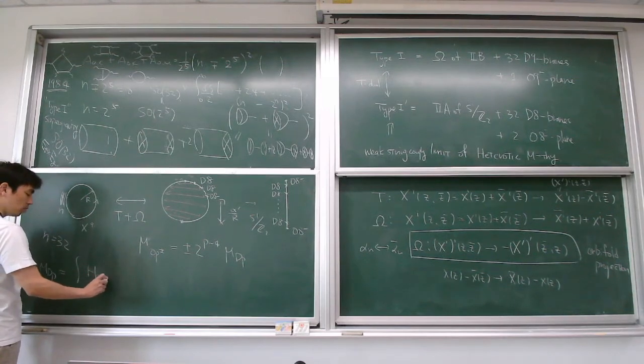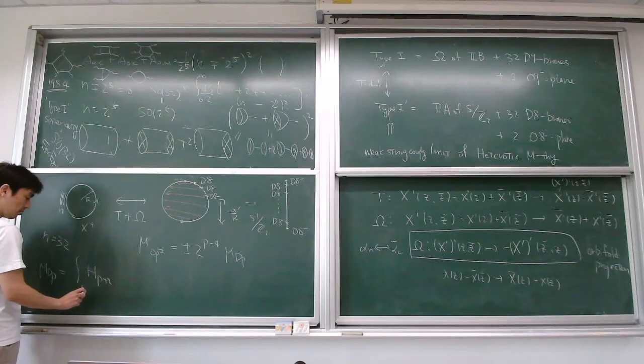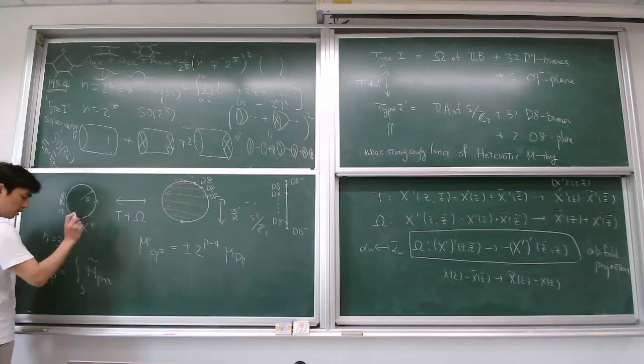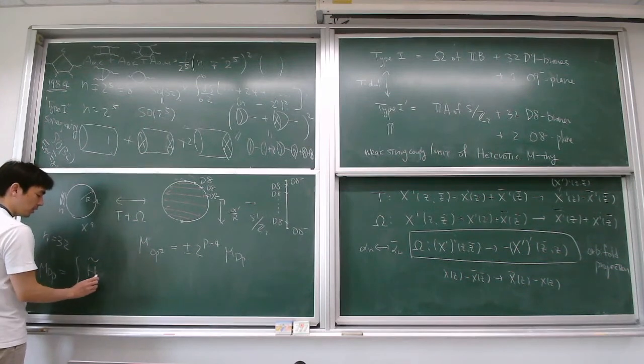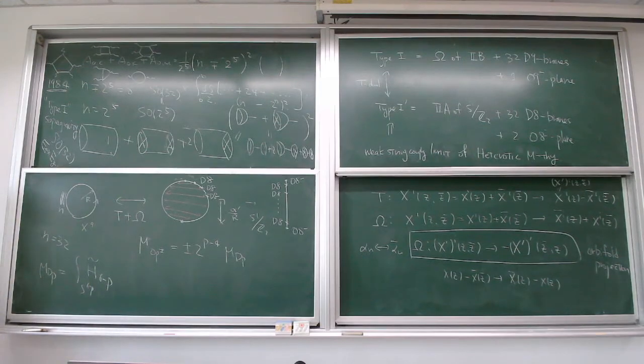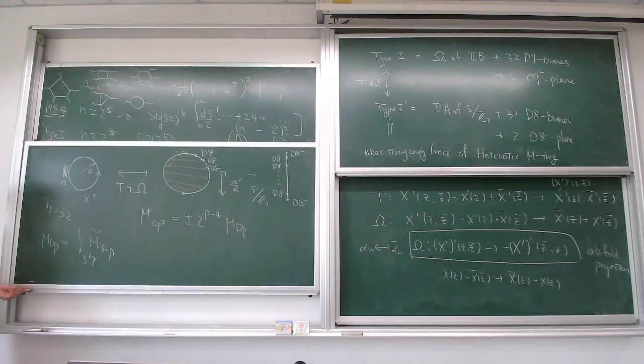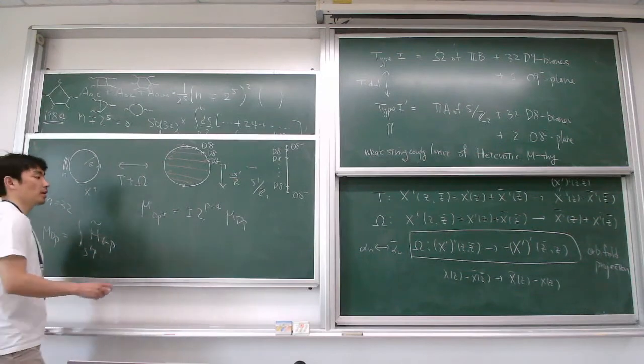H_{p+2} and S^{6-p}. I already forgot. 6 minus p, yeah, it's 6 minus p. That's the Ramond charge I introduced in the D-plane sector.